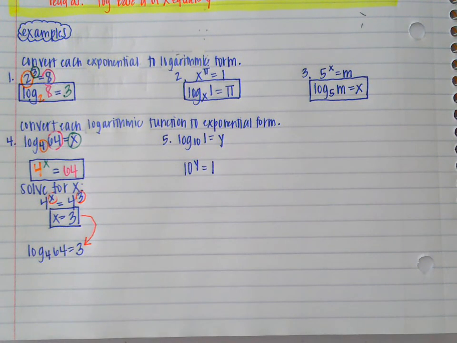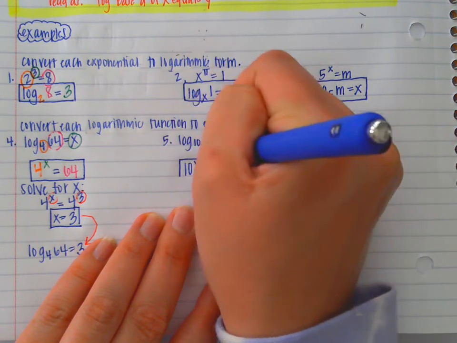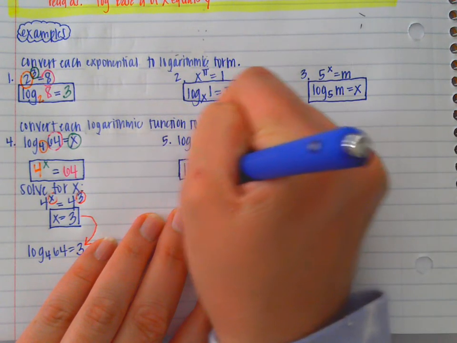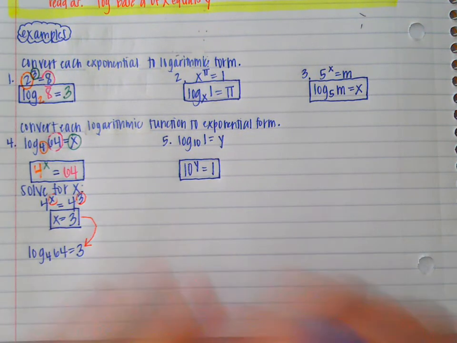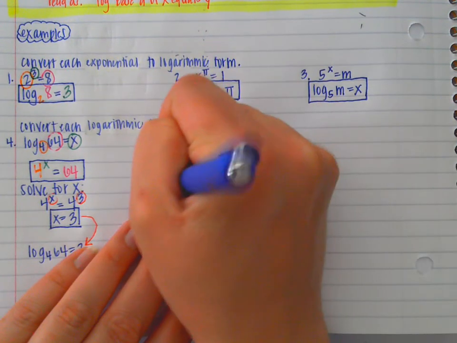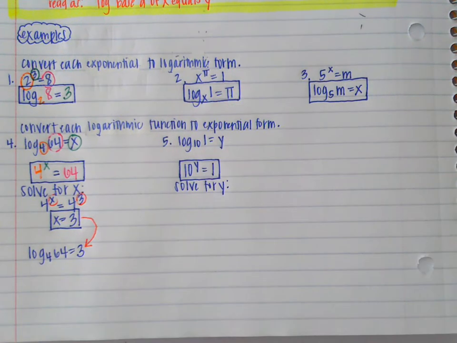Okay, so I rewrote mine as an exponential. That is the first part. And now let's do what we did over here. Let's solve for y. What exponent makes anything turn to 1?